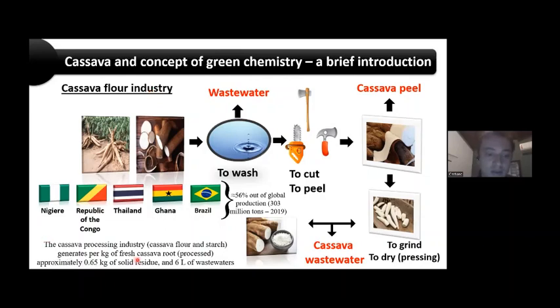So when you think about the whole process, 1 kilogram of cassava root leads to more than half a kilo of solid waste, I mean cassava peel, and more than 6 liters of wastewater when you sum up the wash water and the cassava wastewater. So it's too much. In fact, currently it is a problem for the industry because they have to treat it and afterwards dispose of it.